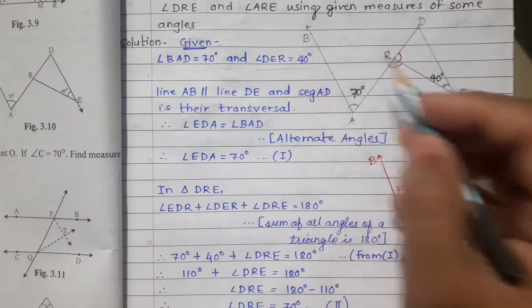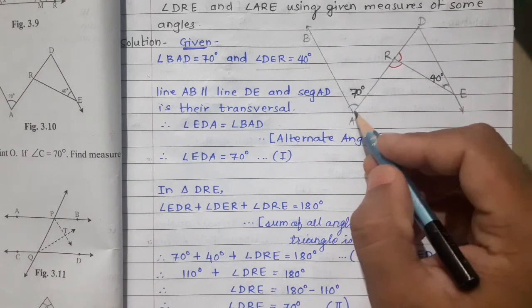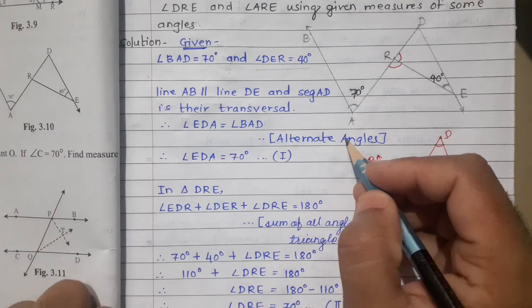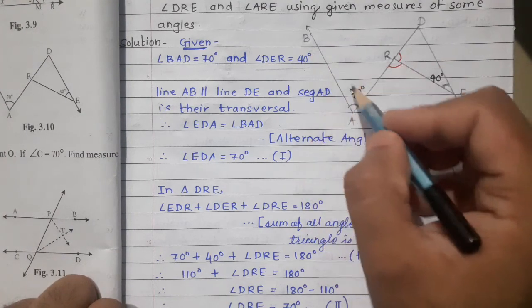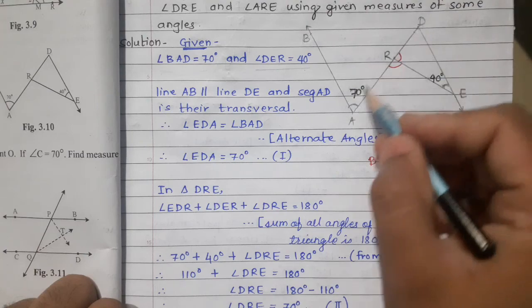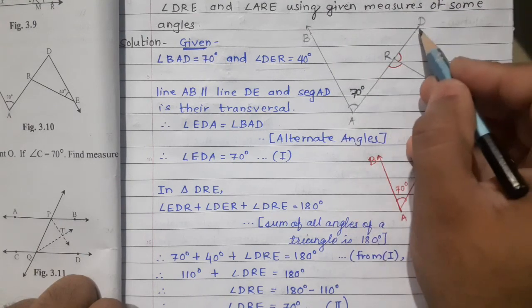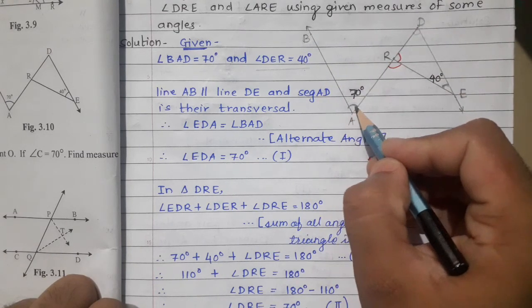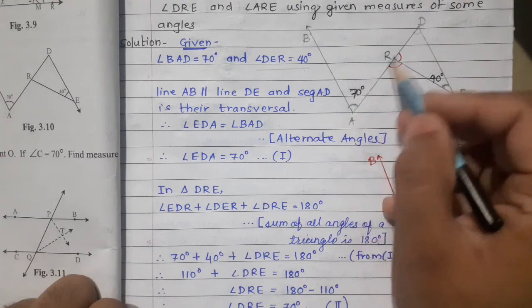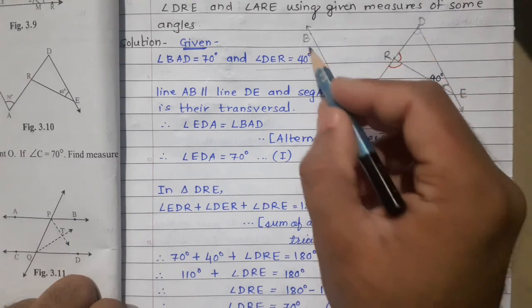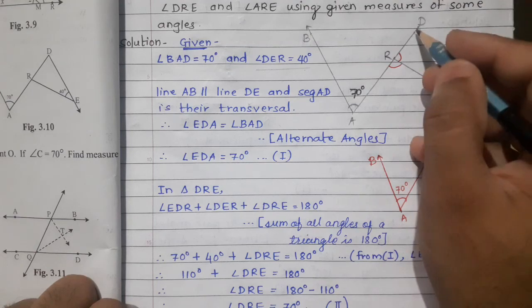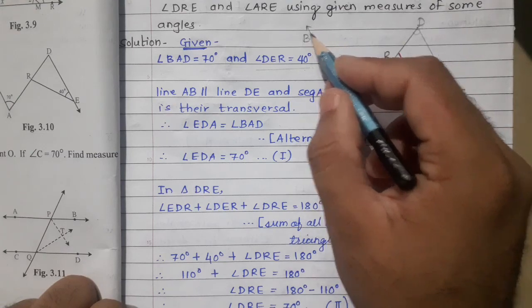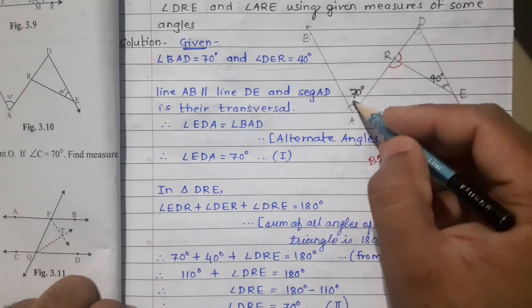If line AB and line DE are parallel and segment AD is their transversal, then we can say that angle EDA and angle BAD are alternate angles.